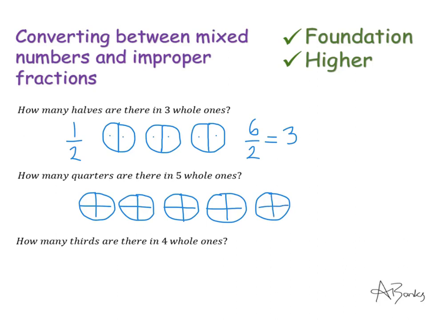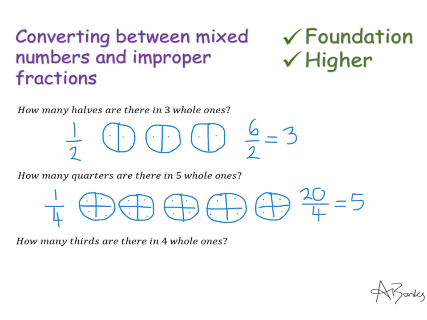So each one of these pieces is a quarter. How many have I got in 5 whole ones? I've got 1, 2, 3, up to 20. So 20 quarters is the same as 5 whole ones.